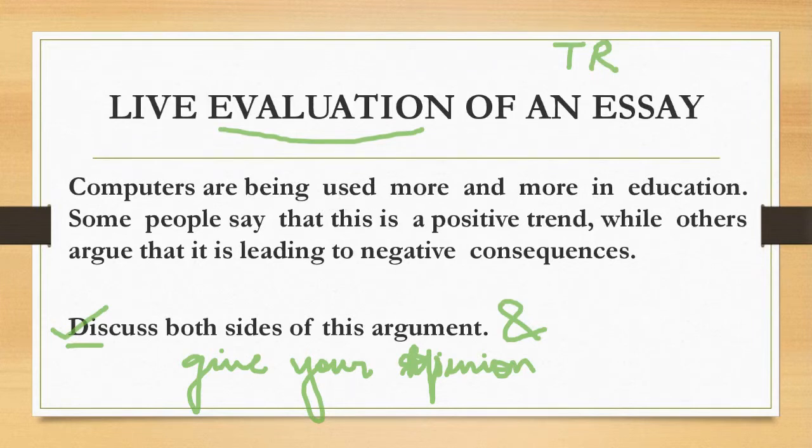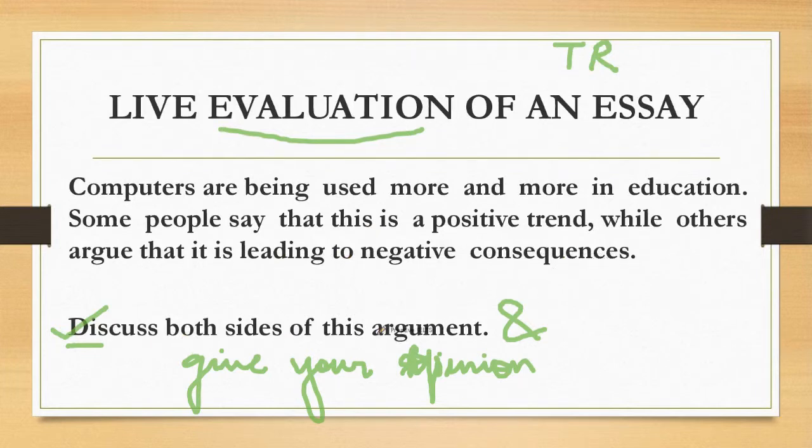Number 1, you read the question very slowly. Okay, read it at this speed. Computers are being used more and more in education. Some people say that this is a positive trend, while others argue that it is leading to negative consequences. This is the speed in which you have to read.